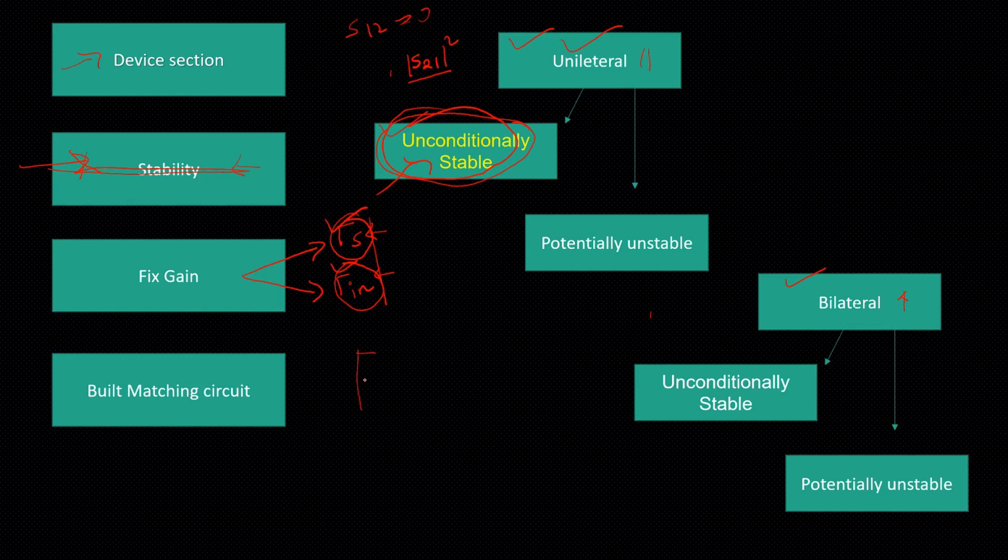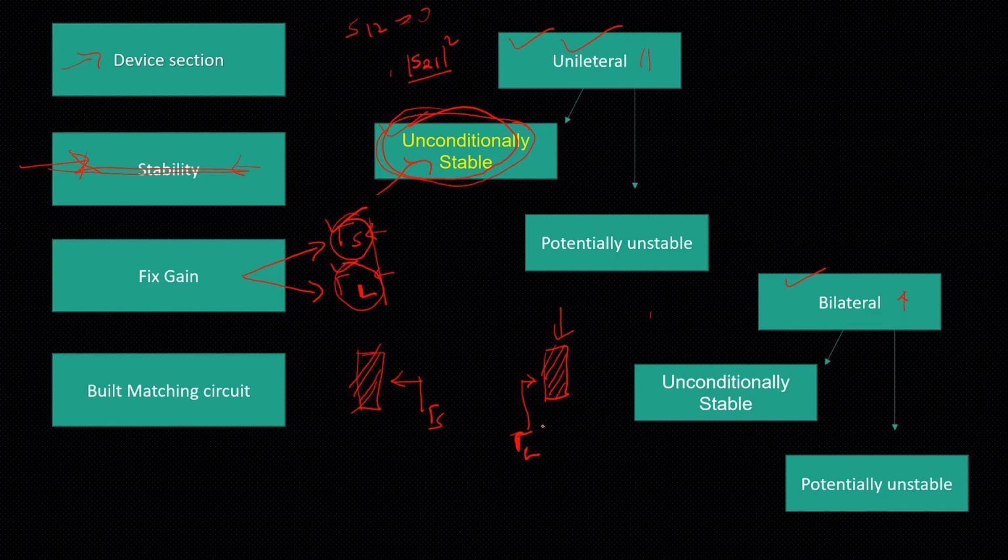We need to design our matching circuit on the input side in such a way that it realizes a gamma S reflection, and the matching circuit on the output side realizes, not actually gamma in, excuse me, gamma S and gamma L. Our output circuit should be such that we realize a gamma L reflection coefficient here.